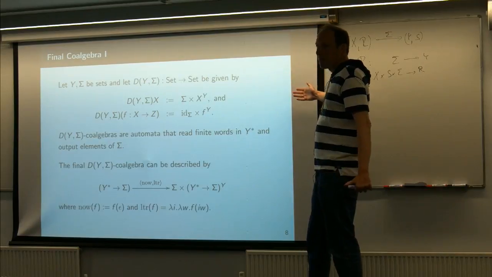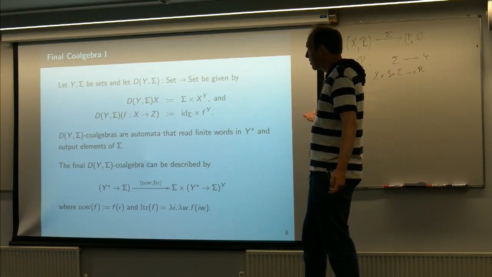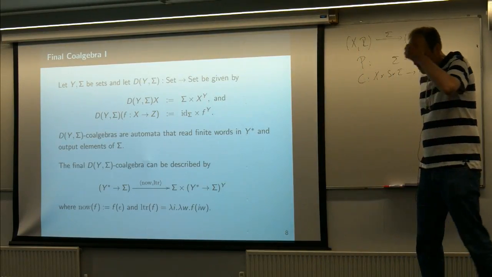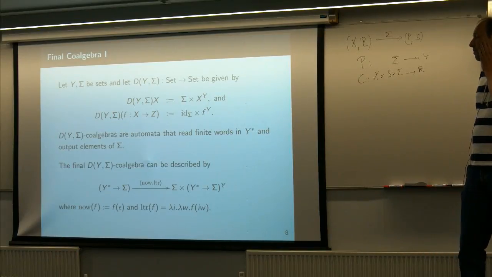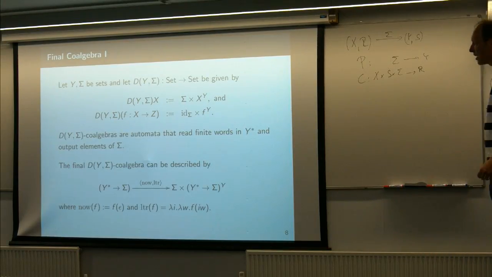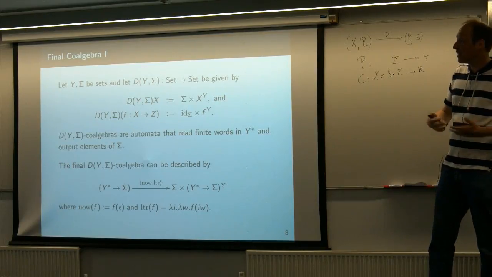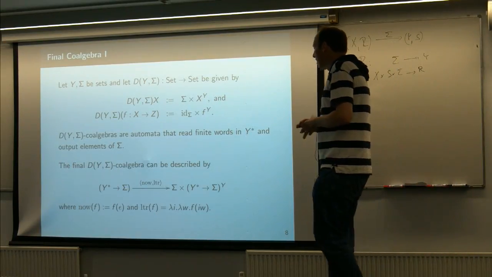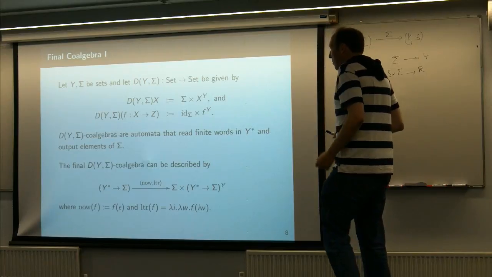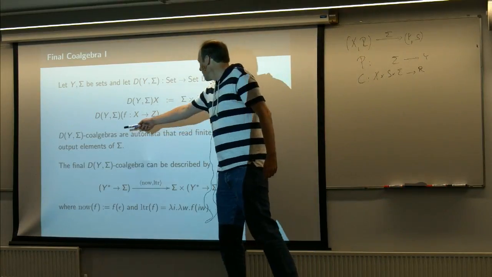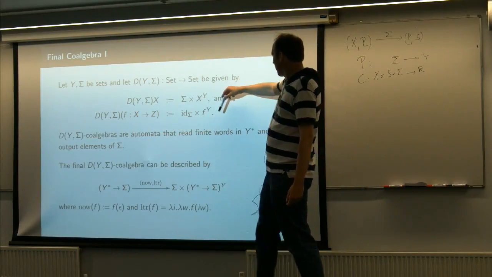In fact, this is like the prime example of coalgebras. That's why I wanted to put it, because a lot of coalgebraic theory was developed around this functor, because it's about finite automata, and finite automata are well, everywhere in computer science. So these coalgebras are automata.